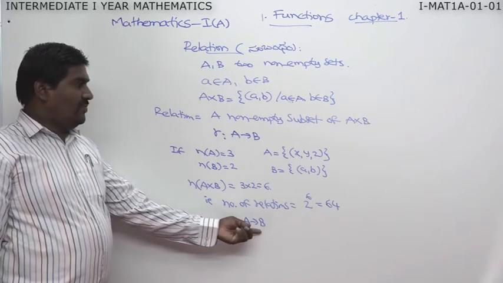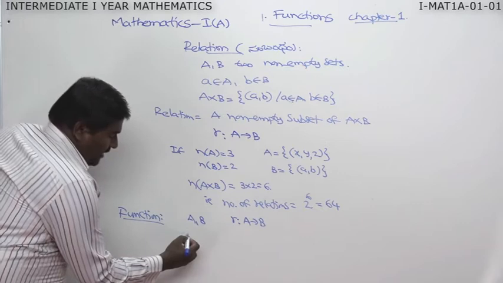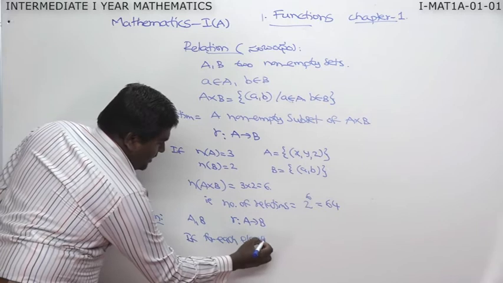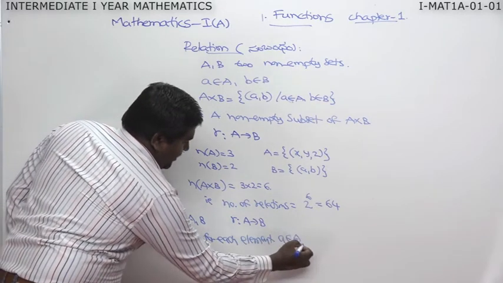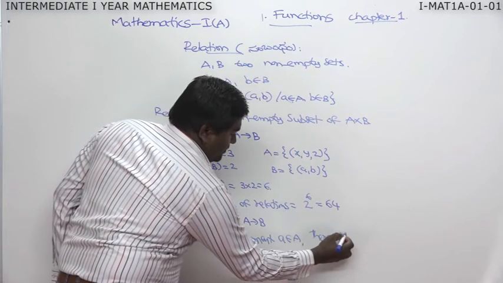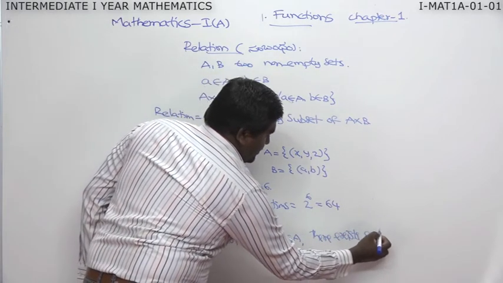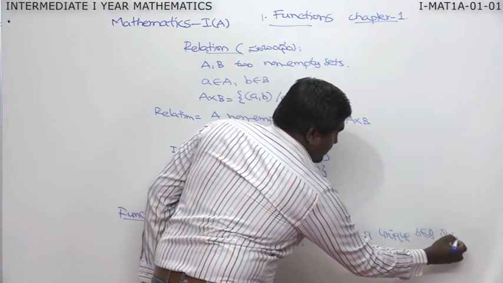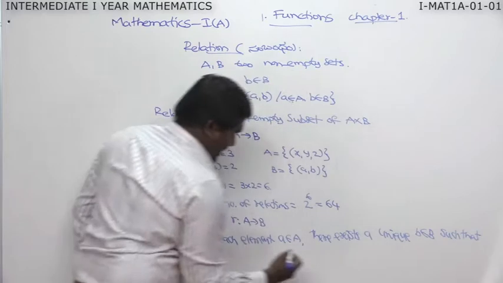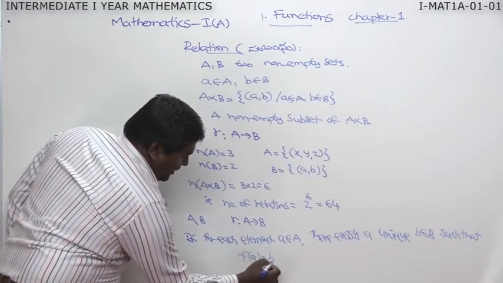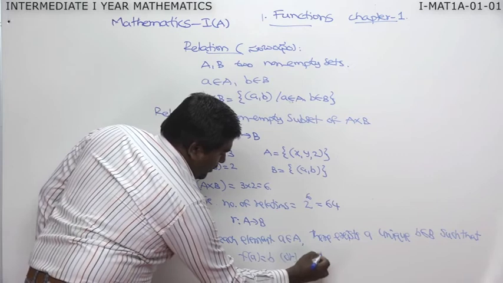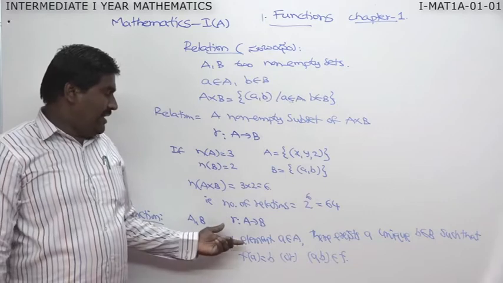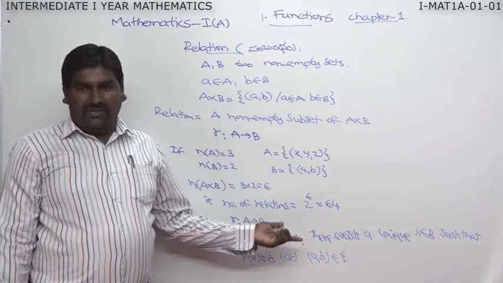R is a relation from A to B. If for each element a belongs to A, there exists a unique b belongs to B such that f of a is equal to b, in other words, the ordered pair (a, b) belongs to the function f, then the relation f is called a function.